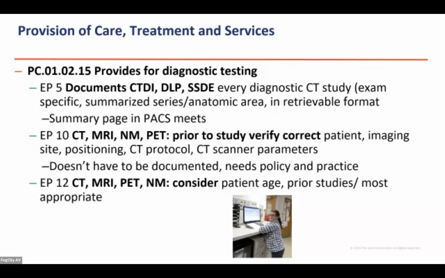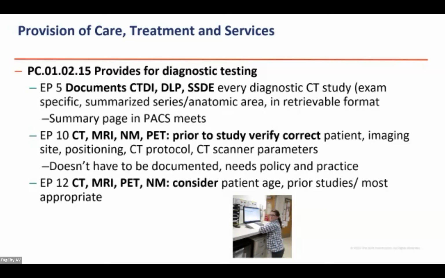CTDI pops up. It's pretty easy to use, as is DLP. You might have a scanner that allows you to actually get the size-related parameter, SSDE. And EP5 says that every diagnostic CT study has to have these values that are specific for the exam, that they're summarized over the series or anatomic area, and they're in a retrievable format.